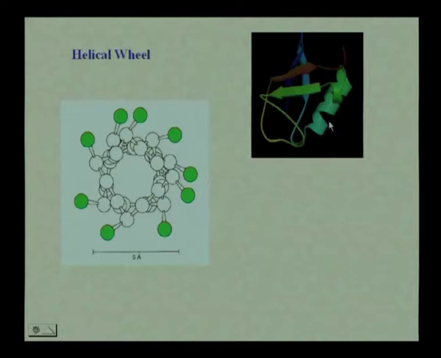So, what I should expect is this set, or say any set, should be one type, this set should be another type. Why? Because I am looking down the helix now. If I am looking down the helix, all the ones that are on one side here inside facing the protein, all of them should be hydrophobic in nature, and all these ones should be hydrophilic in nature.